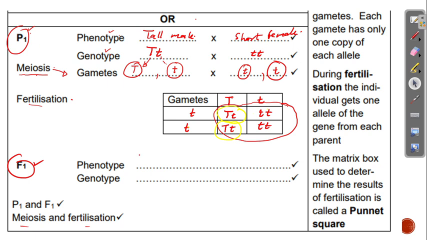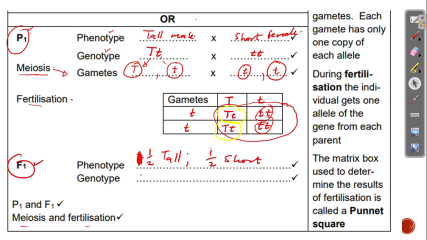So that's 2 out of 4. 2 out of 4, we can simplify and say half of them are tall. And then another half, that's 2 out of 4, half of them are short.